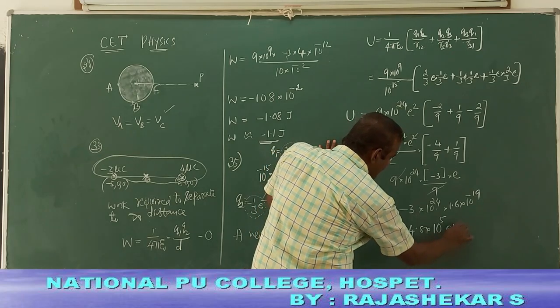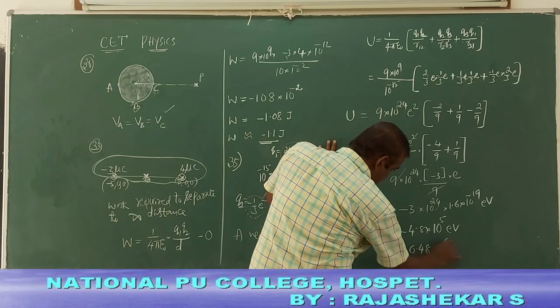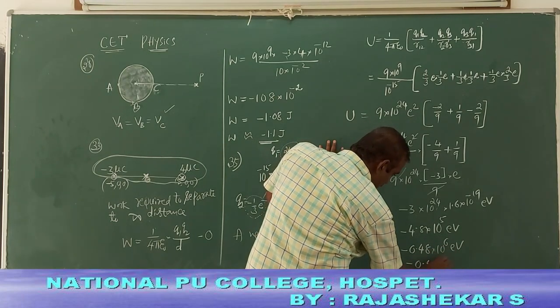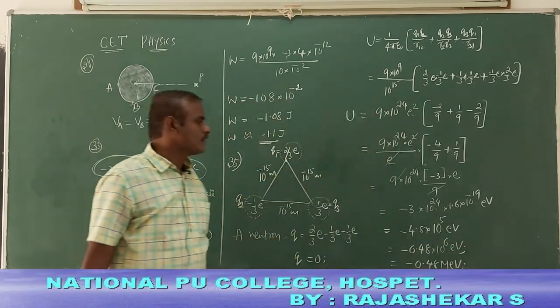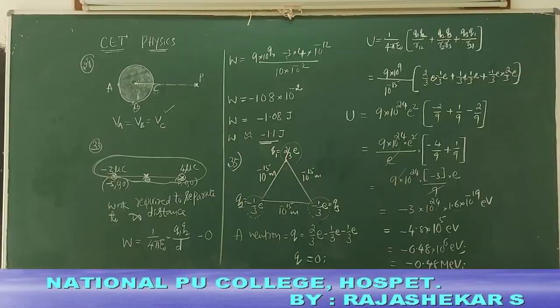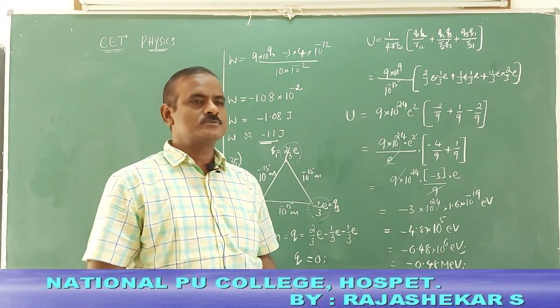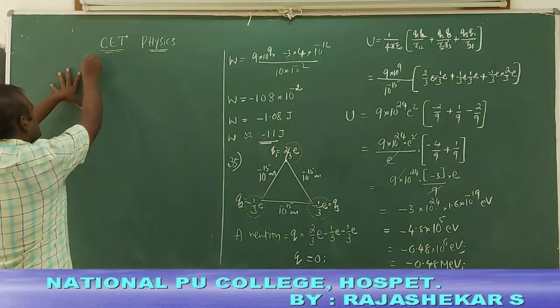This is the electron volt answer, in 10 to the power 6 eV, minus 0.48 MeV students, mega electron volt. Observe the calculation carefully. Answer is minus 0.48 mega electron volt. As we know that students, we are referring to some important selective questions. So next we'll go with question number 44.